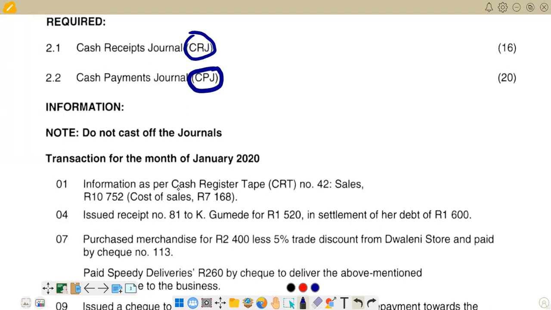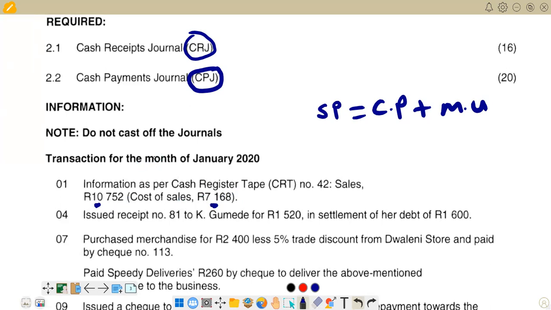The formula we use to find the selling price: selling price is equal to the cost price plus the markup. So to get the markup, we say 10,752 minus 7,168.